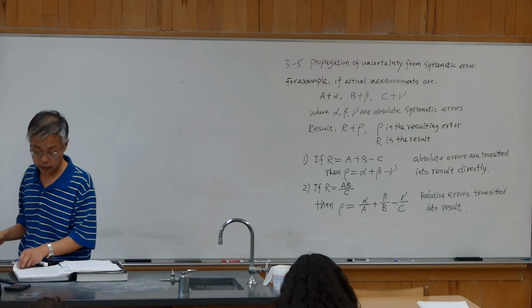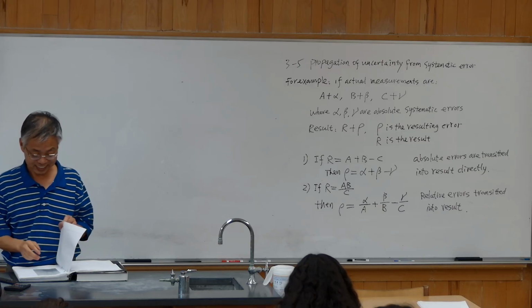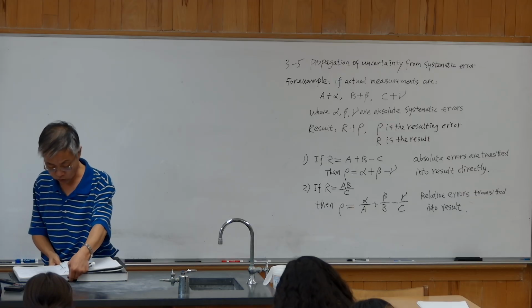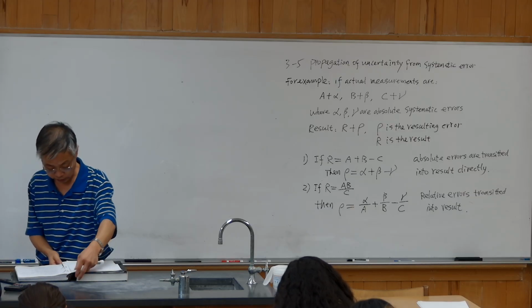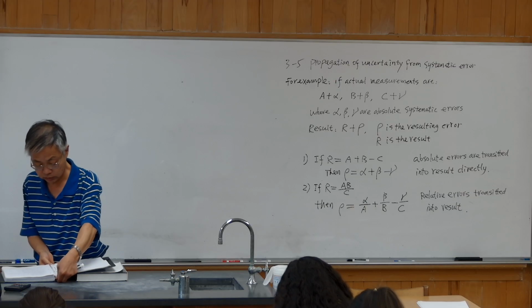So this is the average, the mean value. You just add all the measured values and divide by how many times you measured.